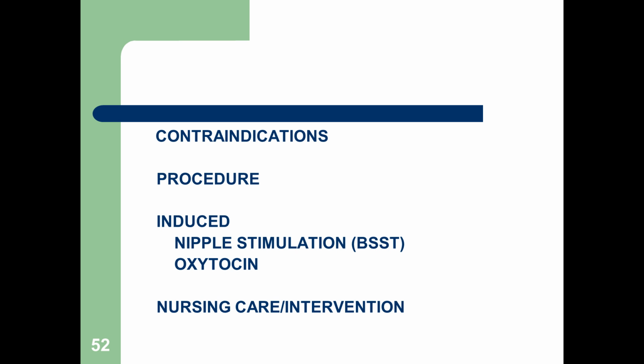It takes maybe 15 to 20 minutes, and you check for fetal activity and the variations and the response to contractions, okay? Now, this can either be accomplished through nipple stimulation, because that will stimulate the uterus to contract, or it can be done by administering a very small amount of Pitocin to elicit a contraction, okay?